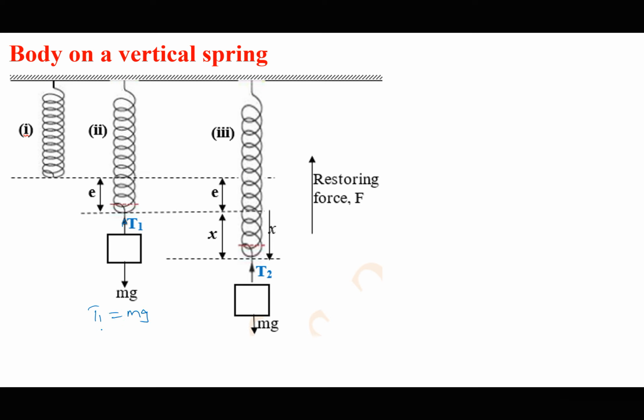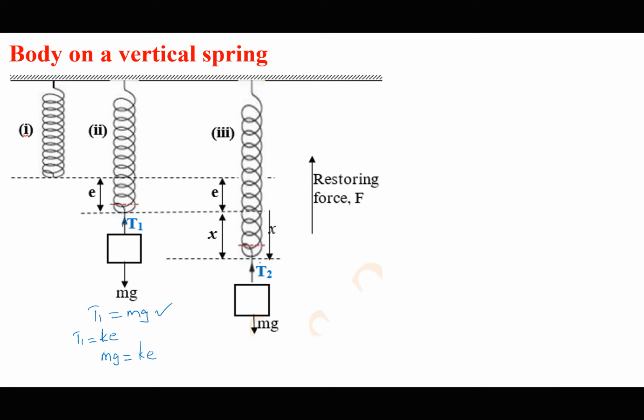But I want you to remember that the tension is given by Hooke's law. The tension T1 is equal to K times e, the spring constant times the extension. So I can simply say mg is the same as Ke for the equilibrium position. So this is equilibrium in part 2. Then in part 3, we displace the mass even further through a further distance x, which increases the tension.